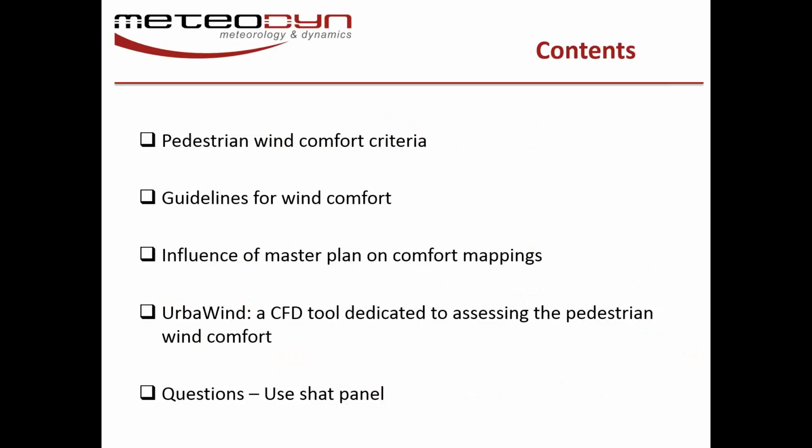The pedestrian wind comfort is space dependent in urban areas, so the master plan designer should have some knowledge about the influence of the master plan on comfort mappings. And at the end, I would like to introduce UrbaWind, a CFD tool dedicated to assessing the pedestrian wind comfort.